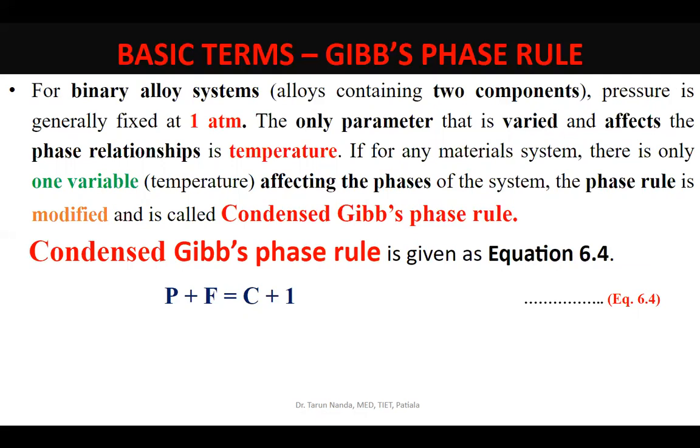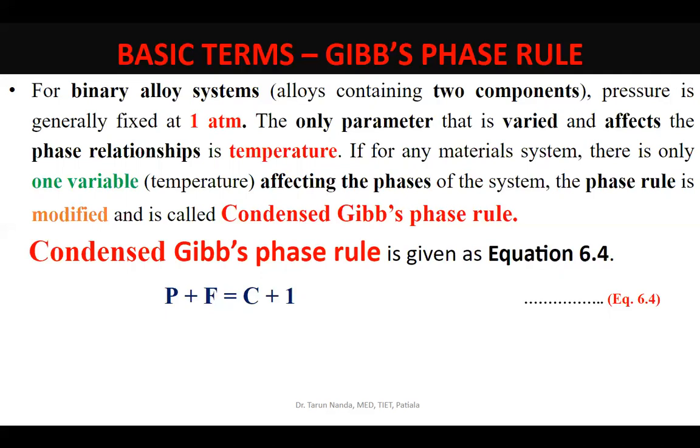See, composition is also a variable, but mind it, that's an internal variable of a material system. Here, this Gibbs phase rule has come from the laws of thermodynamics, right? And we have seen that it's only the external variables which affect the phase relationships of a material system if that equation has to hold good.